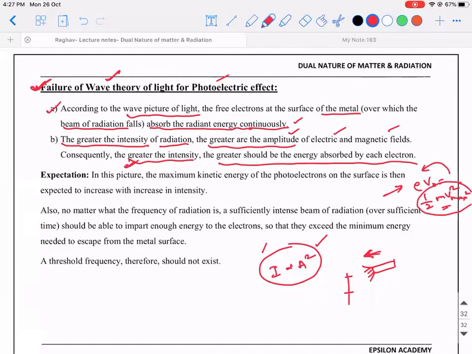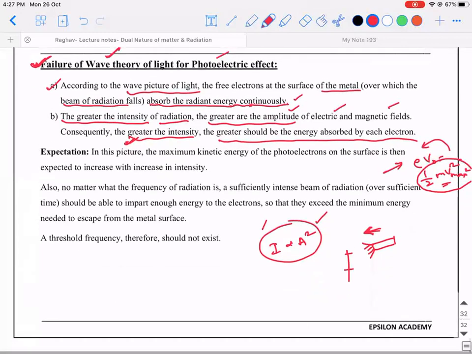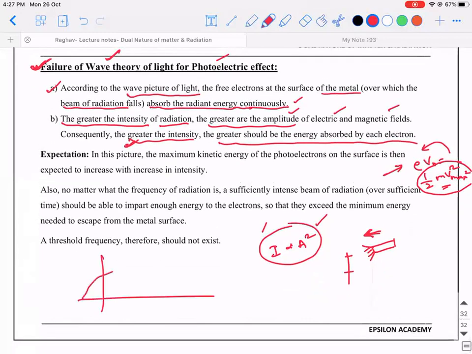But what did the graph say? The stopping potential is independent of intensity, right? These graphs we saw: I1, I2, I3, everything had the same stopping potential. So this is one of the places where wave theory failed. If this would have happened, then the concept of threshold frequency would not have arisen. So all these reasons say that wave theory couldn't explain the photoelectric emission.